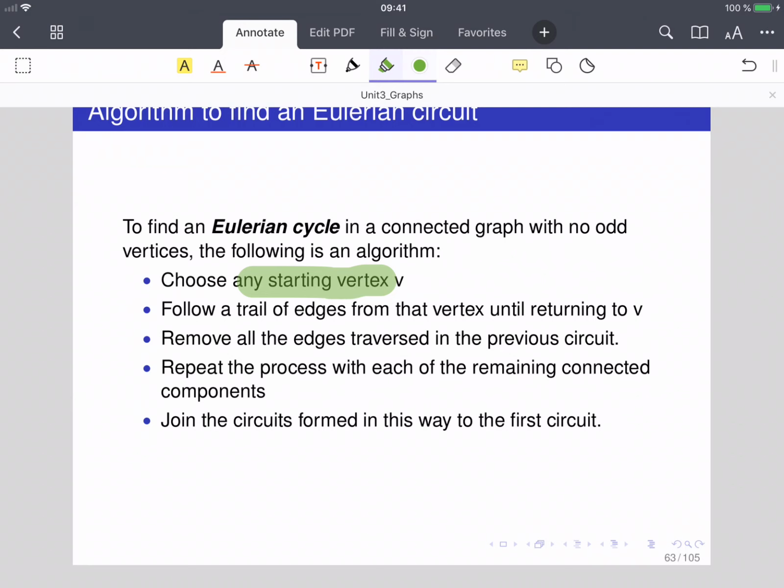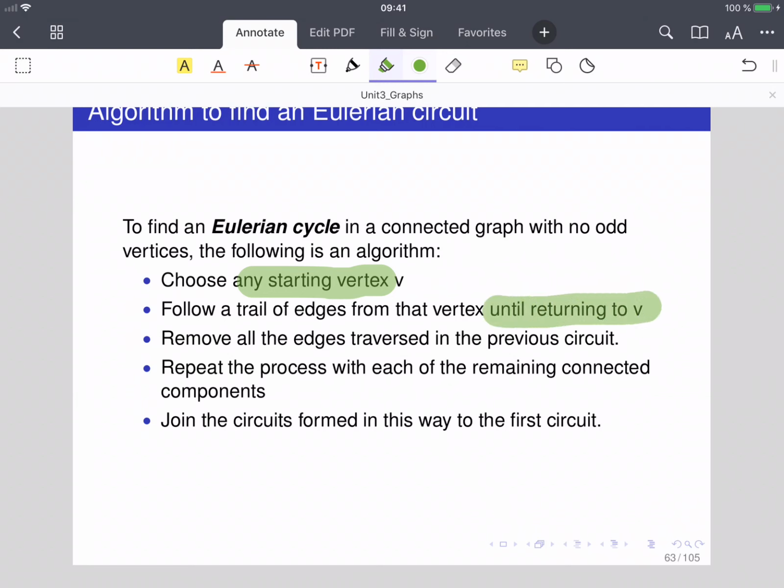Because we have a finite number of edges, eventually we are going to find the edge that gets us back to the starting vertex. And this is all because the degrees of the vertices are always even. So whenever we can enter, we can go out. So we do that until we return to the initial vertex.